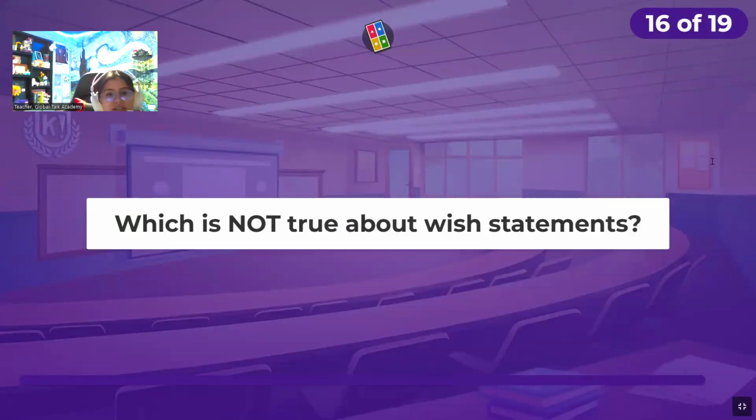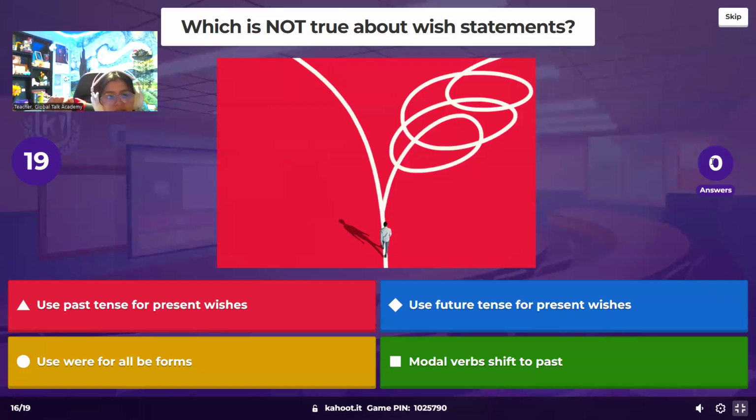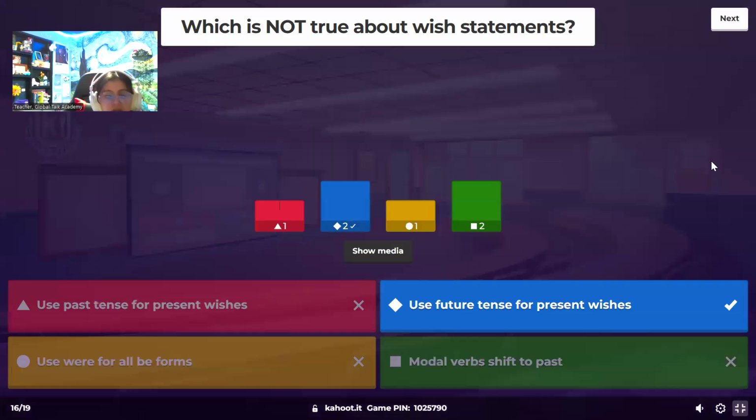So, which is not true about wish statements. Use past tense for present wishes. Use were for all be forms. Use future tense for present wishes or modal verbs shift to past. Here we have certain facts about it. So, which one is not true, right?